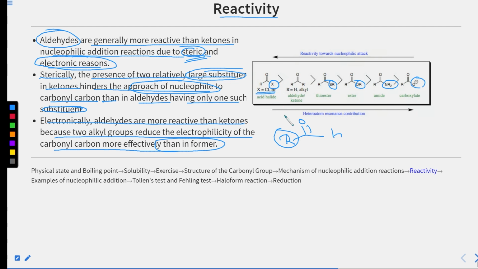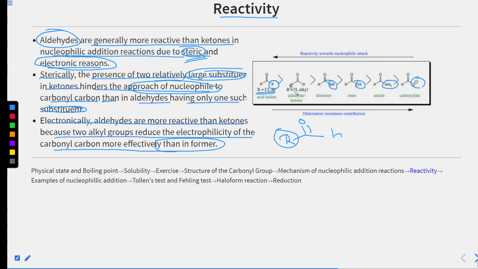Why is it so? One more thing I would make sure you are well aware of is that the resonance effect is much more pronounced than the inductive effect. This should be kept in your mind. There are some exceptions, and you will notice one of them right now. Actually, I would not say there are exceptions, only that we are not well aware of how this resonance part works.